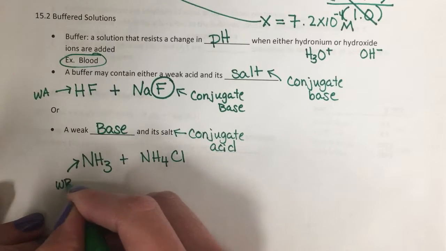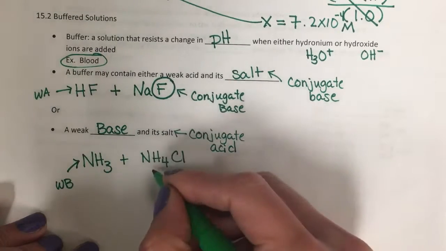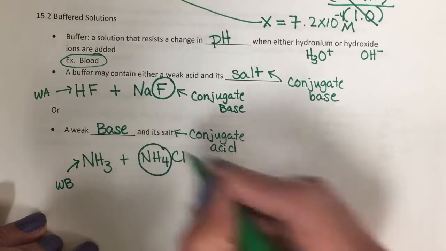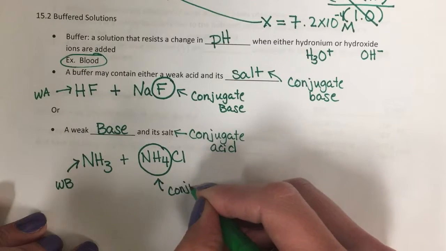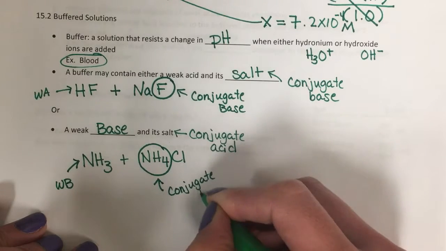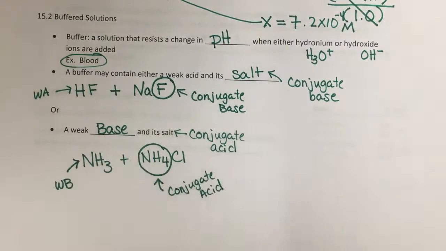Ammonia is a weak base. The NH4 is going to be its conjugate acid. Now I have to have both parts. I have to have a common ion, okay?